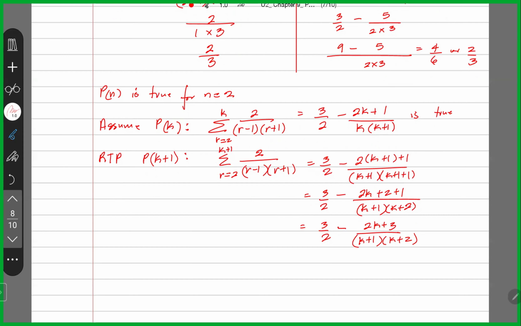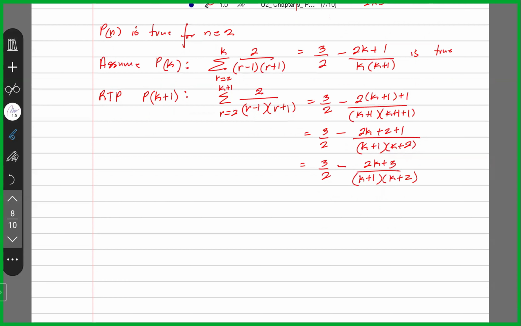So we're required to prove this. Let's change the ink color for that final stage. And our starting point is that Pk plus 1 is actually equal to Pk plus the k plus 1 term. So Pk, that statement that we assume, is 3 over 2 minus (2k plus 1) all over k into (k plus 1).